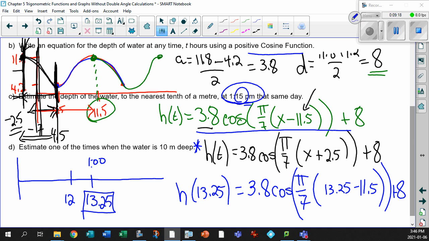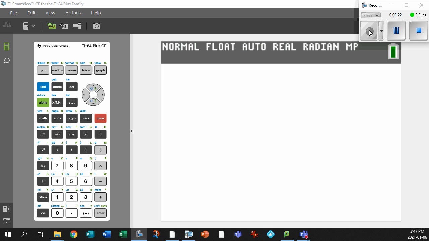And I'm just going to throw it into the calculator just as you see it. Okay? So here we go. 3.8 cos fraction of pi over 7, right? Put my next bracket down.